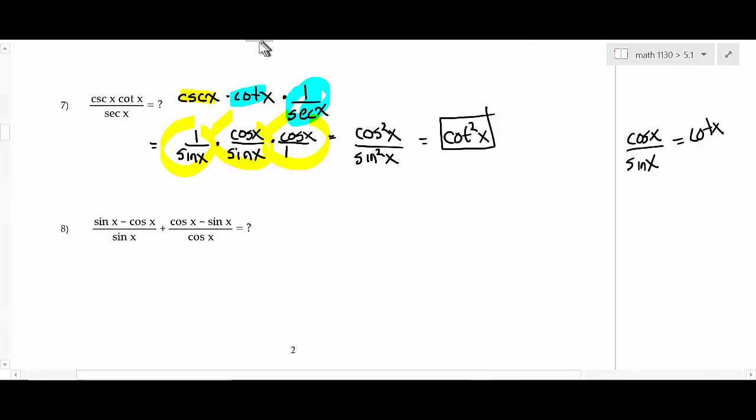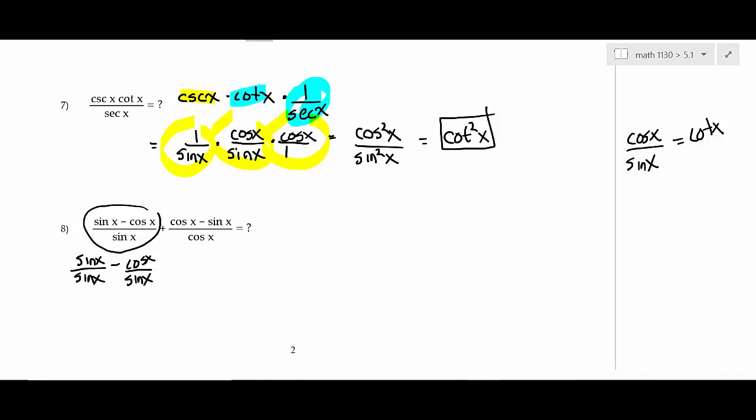So what I'm going to do is I'm going to split this apart. So I'm going to have you write this as sine x over sine x, and then minus cosine x over sine x. Okay, all I'm doing is if you have a fraction and you have one or two things added or subtracted, you just split it apart, right? That's the opposite of putting the fraction together.